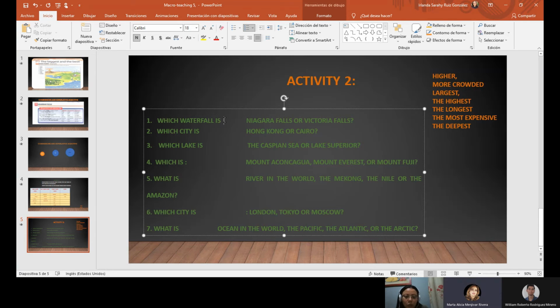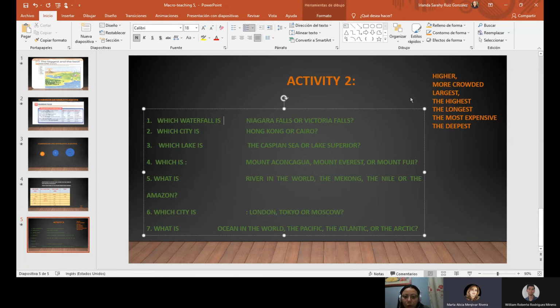In this activity too, you are going to write in this space which of these words, comparative or superlative adjective, is more appropriate in each sentence. And the first one, what do you think, Marta?